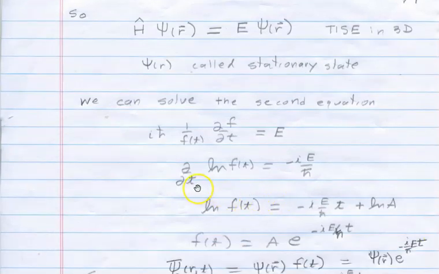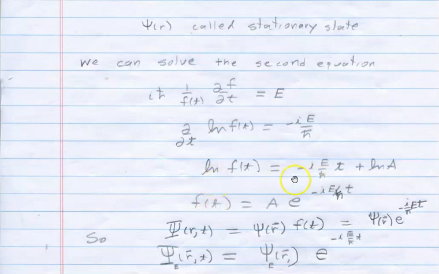Then I can integrate both sides with respect to t, indefinite integral, so this just becomes a natural log of f. Integrate this with respect to t, I'll get a t plus an integration constant, which I'll write in this form, natural log of a constant is also a constant. And then exponentiate both sides to get f of t is this form, a e to the minus i E over h bar t.